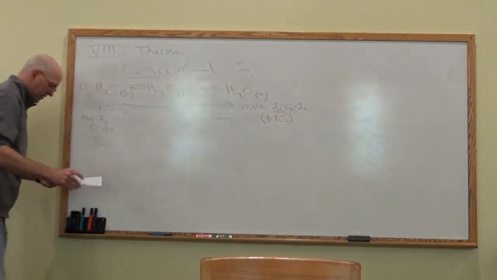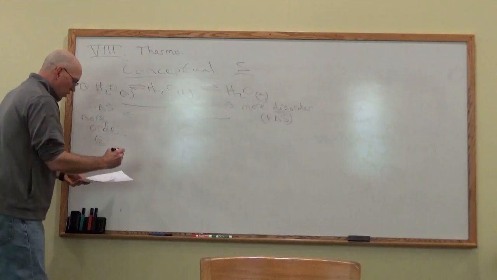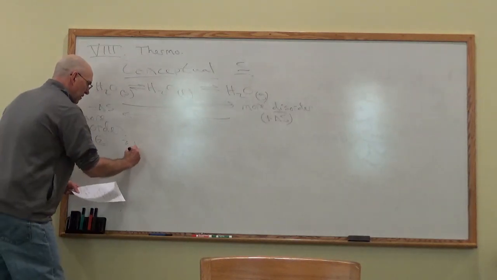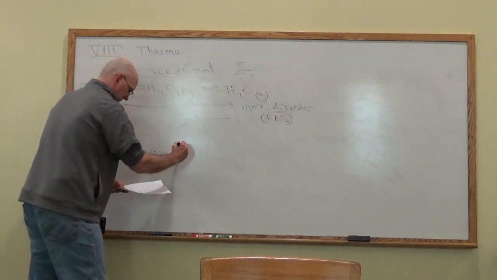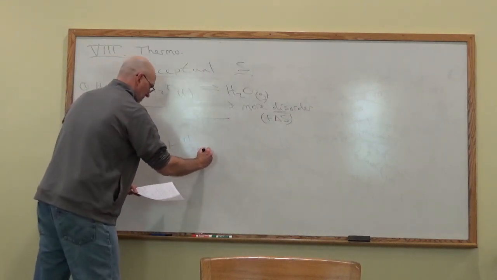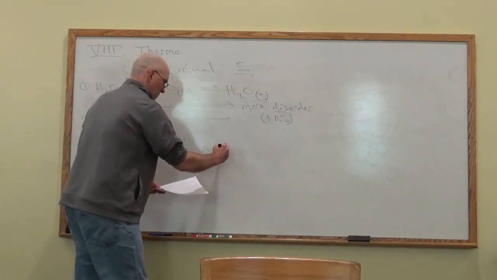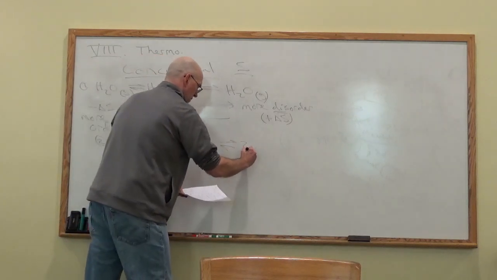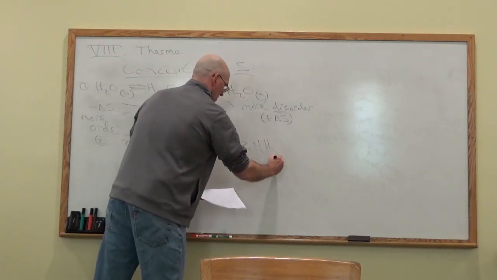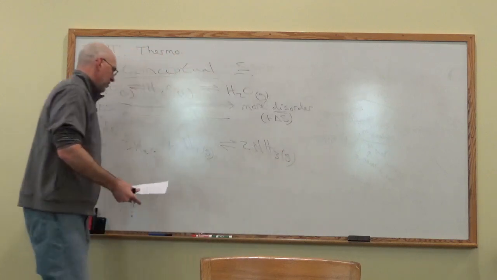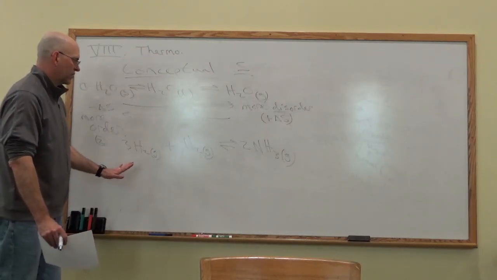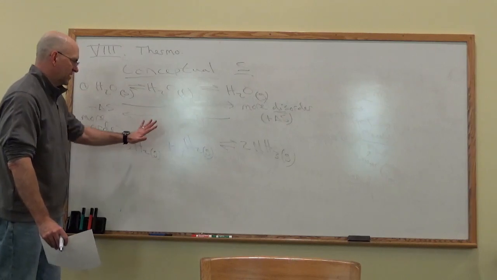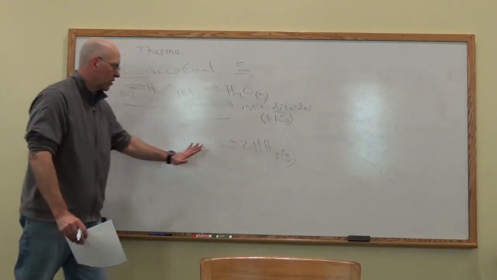Example 2 I have is what we've always done with the ammonia synthesis. It's important to pay attention to the state of matter. Okay, so they're all gases, it's not a change of state, but where do you think there's more disorder? Is there more disorder here or here?